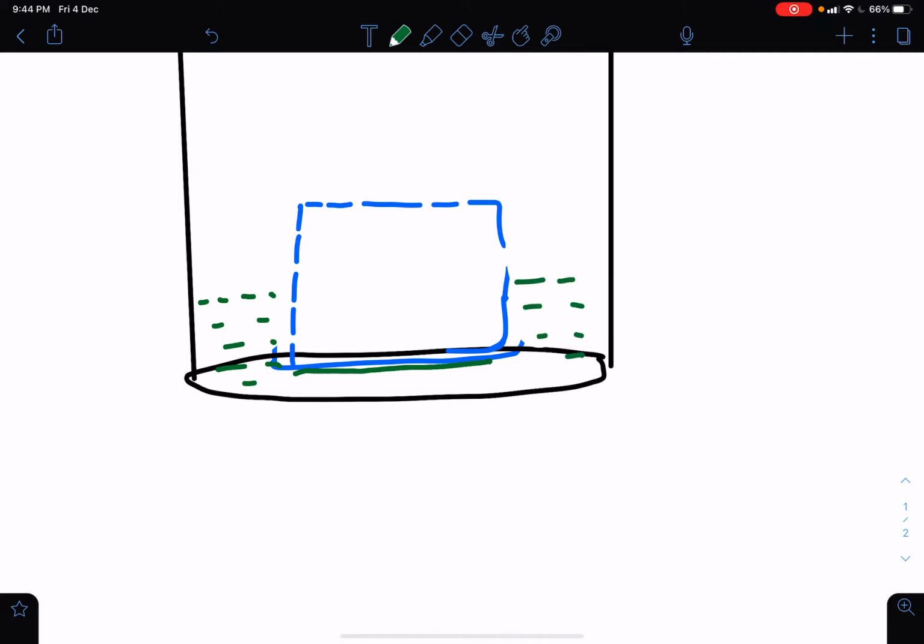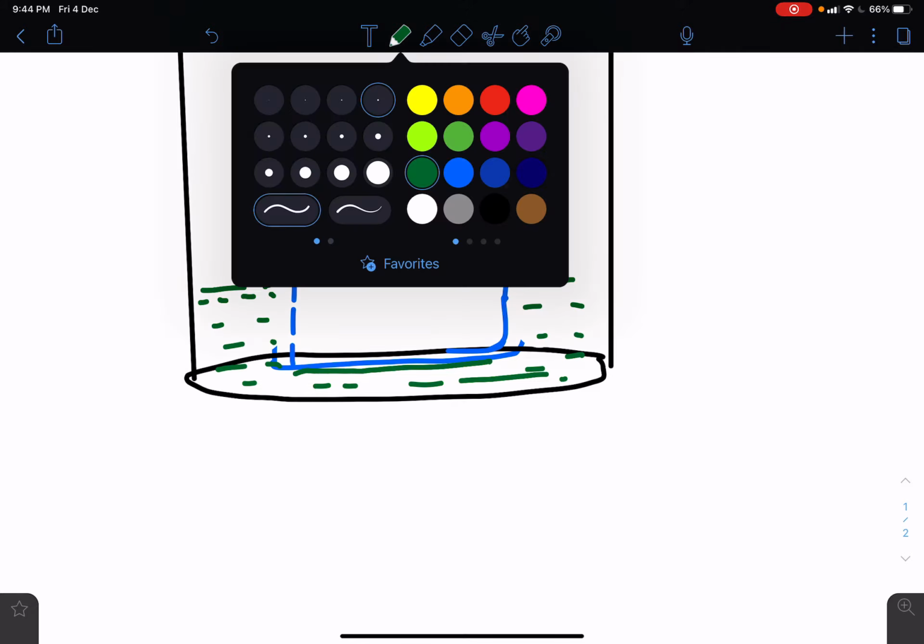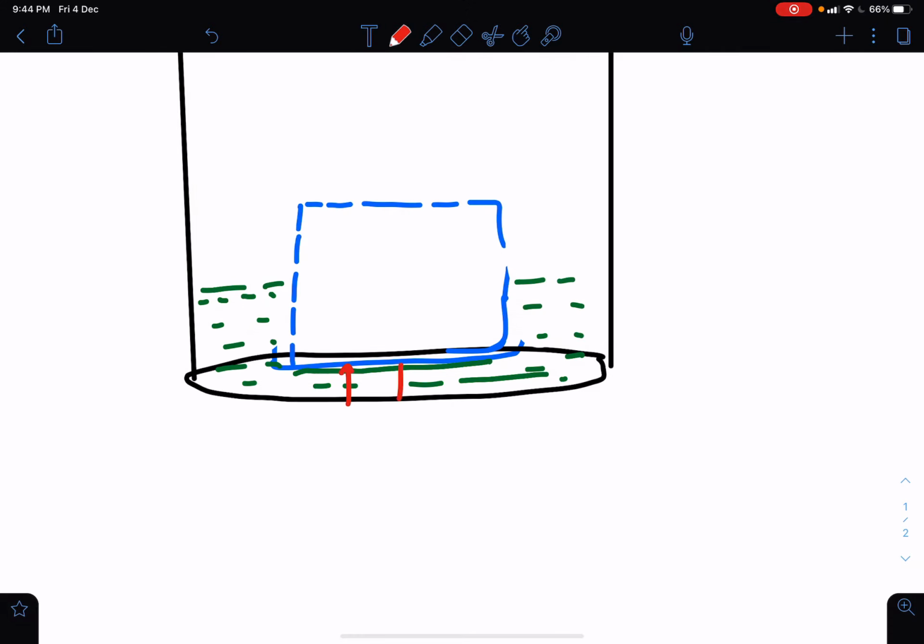And the important point here is that the water is there beneath the ice also. So the water beneath the ice will apply an upward pressure force on the ice like this.